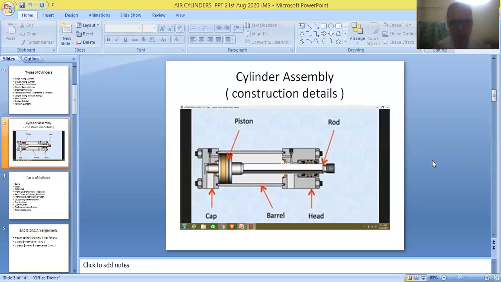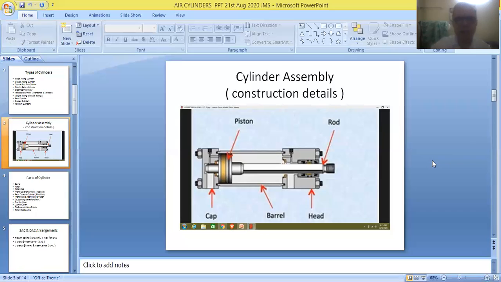So ultimately, bolts and nuts are used for connecting both the covers of the cylinder with tie rods and all these items. So friends, these are the various items required for preparing the assembly.